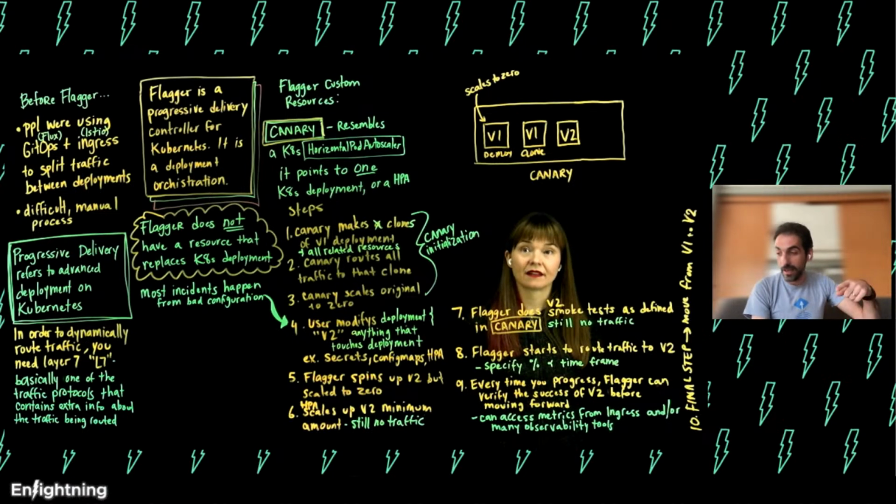So how they are shifting traffic is based on the number of pods. So if you have 10 pods, right, and it replaces one, then that percent of the traffic goes to the new version.